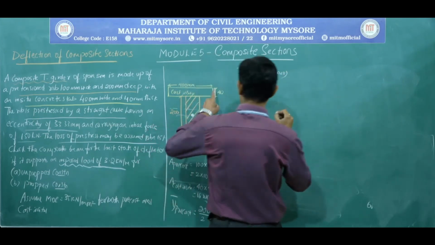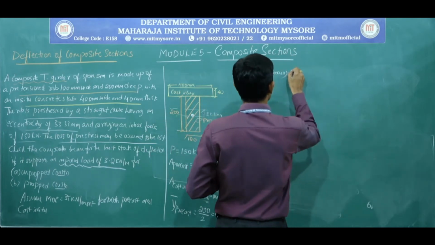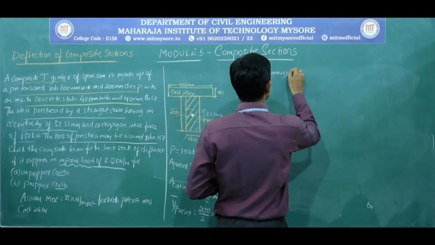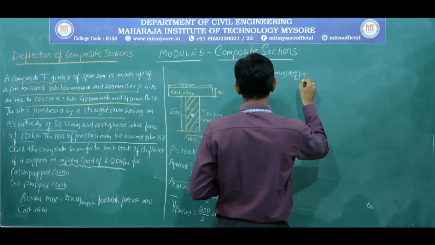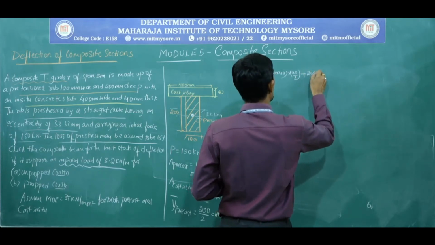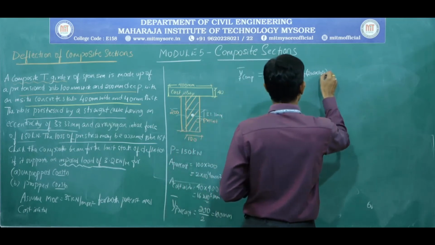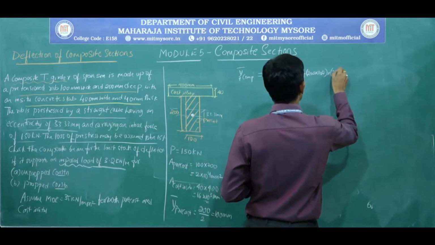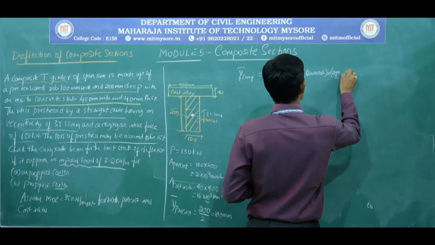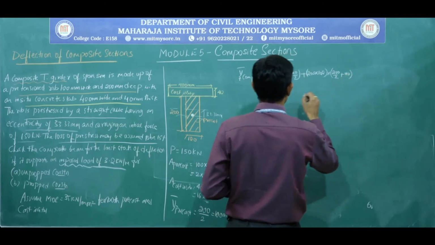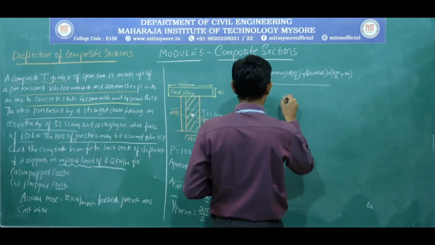I will take the reference from the top, so into 40 divided by 2, plus 200 into 100, that is area of the precast, multiplied by 200 by 2 plus 40, because I am measuring the centroidal distance from the top.